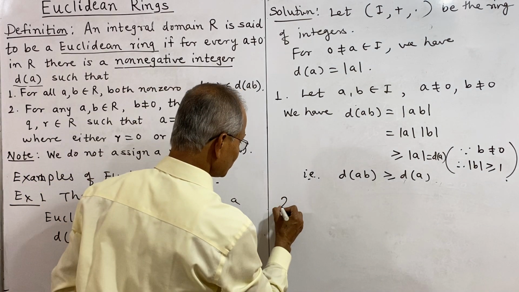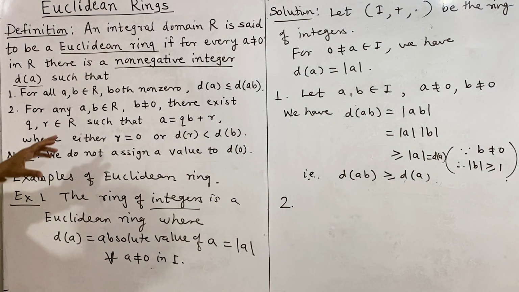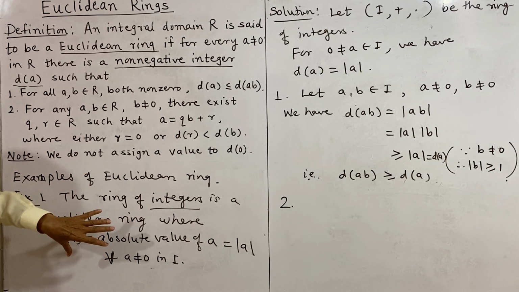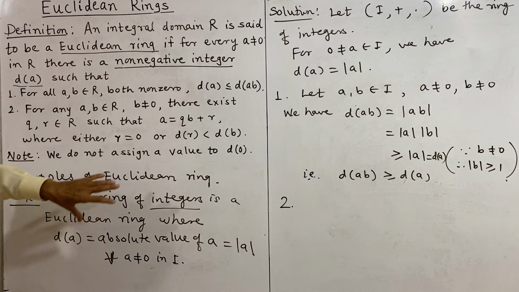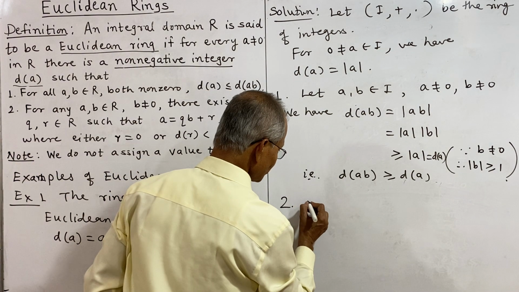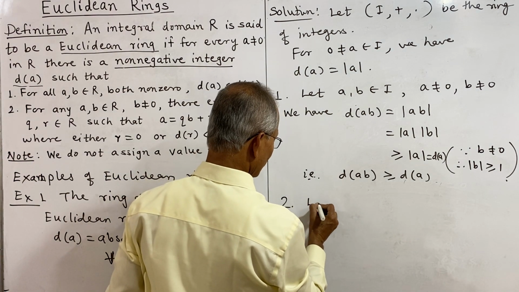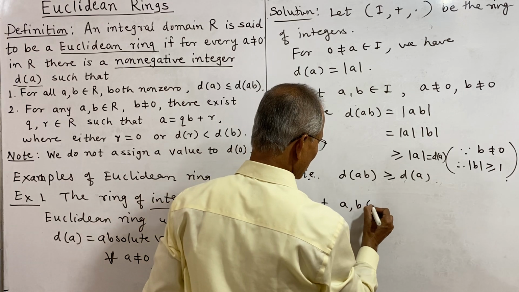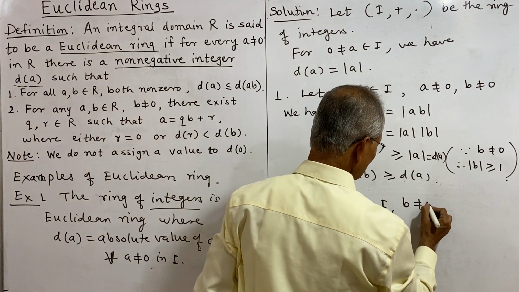And second, now it is a ring of integers, that is I is the set of integers, therefore by the division algorithm, let a, b belong to I and b not equal to 0.